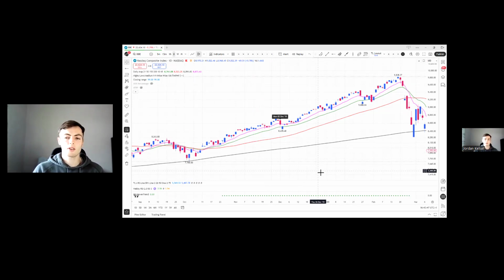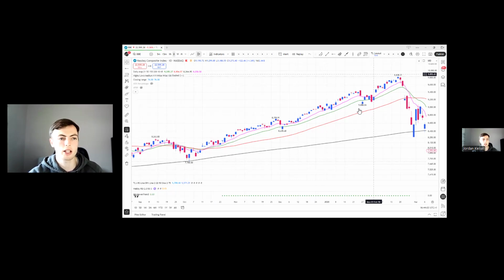Then what we look for is a gain of 1.25%. If it's a really low volatility environment, you can look at 1%. Ideally we would use ATR, average true range, on a 21-day look back period and gauge it from that.